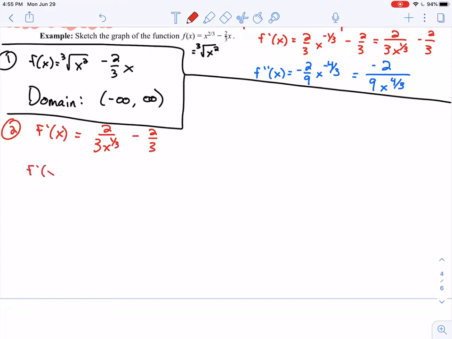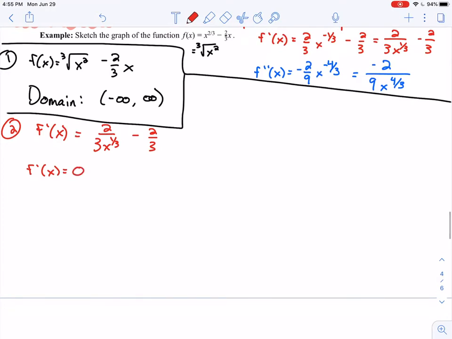So f prime of x is equal to 0. Let's consider that case first. So 2/3 x to the 1/3 minus 2/3 is equal to 0. I'll add 2/3 over first, so this is 2/3 x to the 1/3 equals 2/3.